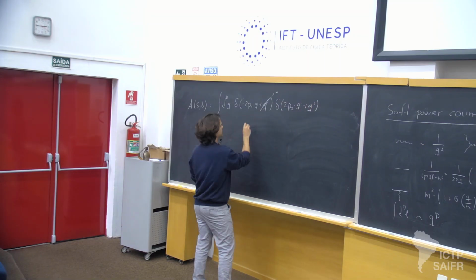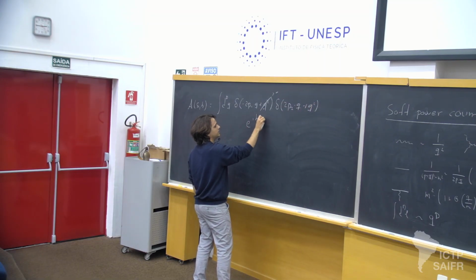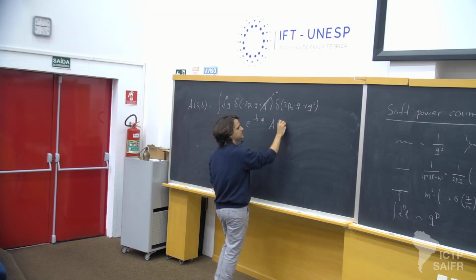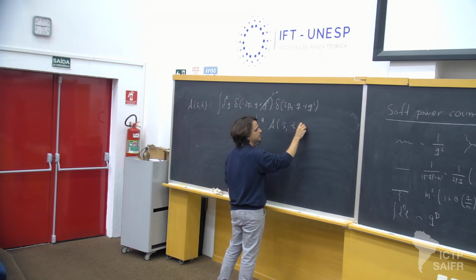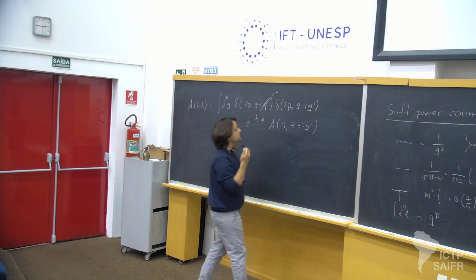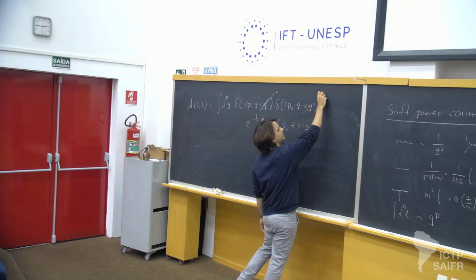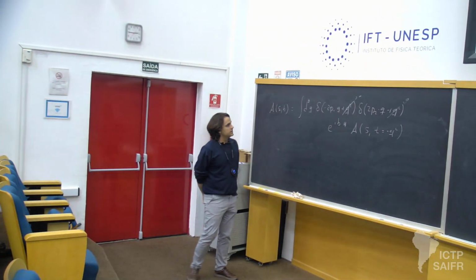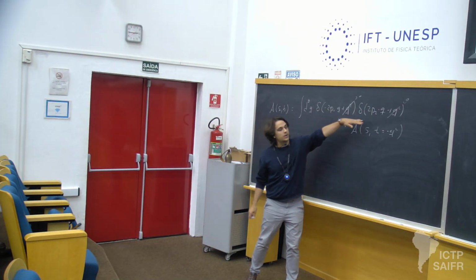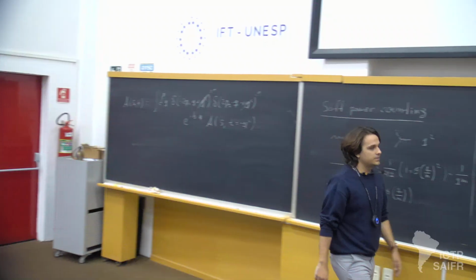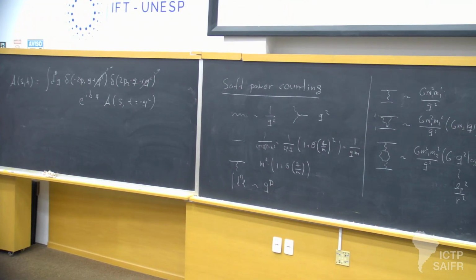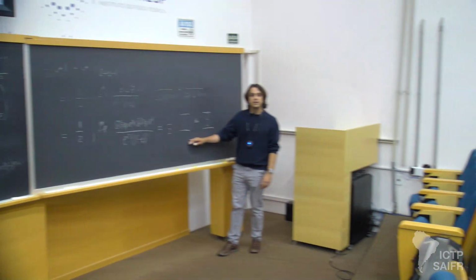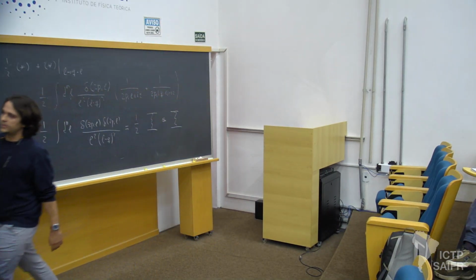And then e to the I b dot q times the amplitude as a function of s and q squared. So this also I will expand away, because q is, we said, smaller than p. So you see that this measure here is the same as what we have right here. Okay, so you see that the answer here is just the convolution of 2 copies of the leading answer that we had here.